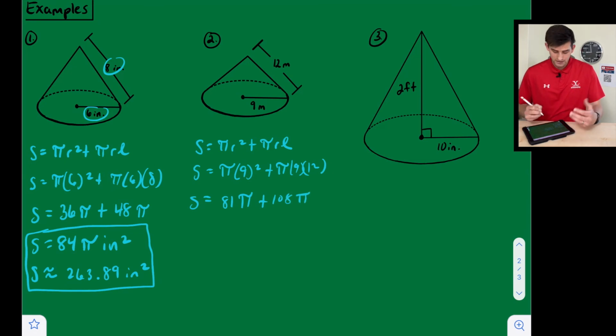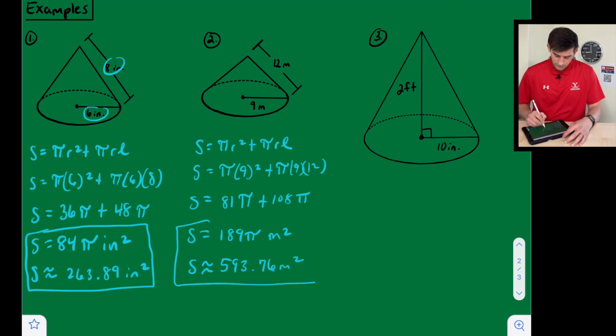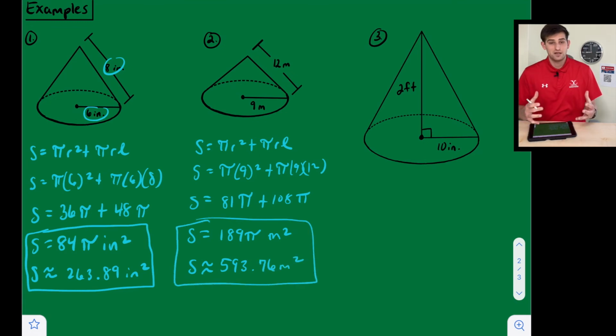So we can add those together now. So we get S is equal to 189 pi, and that is now meters squared. Okay, so now let's multiply that by pi to get our decimal approximation. So 189 pi gives us 593.76 square meters.